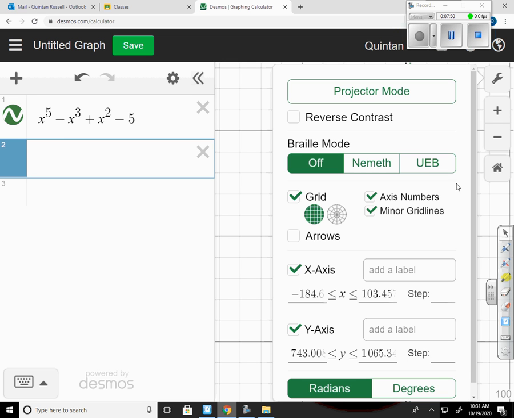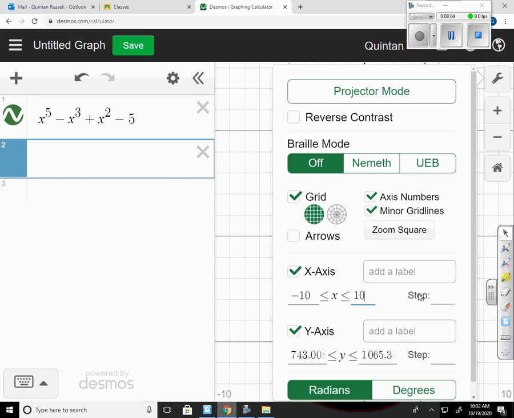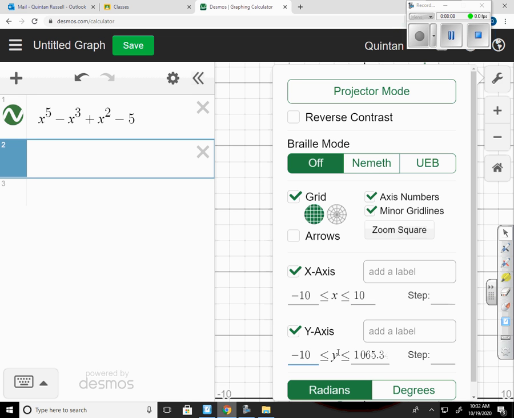To go back to our beginning, I would just go down to where it says x and set that to negative 10. Set this one to 10. And same thing with my y's. I may have to zoom out later, but it's a good standard position to put it in each time.